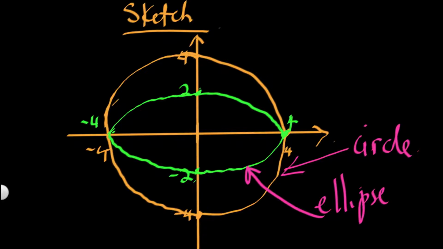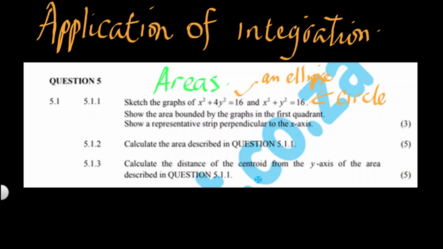The area that we're worried about is the area in the first quadrant. So we have the first quadrant here, second quadrant, third quadrant, and the fourth quadrant. We don't care about what is in the third quadrant and the second quadrant. We're just worried about what is in the first quadrant. In fact, let us go back to our question and read it properly.